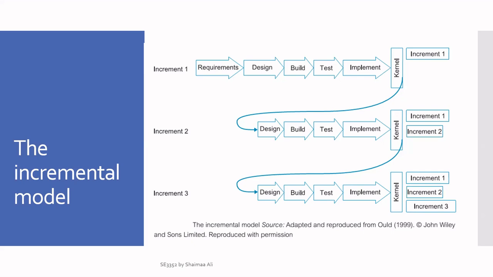Then we use that as feedback to design the new increment, and then we use that as feedback to design the next increment, and so on. Okay, so that's one approach, which was a little bit better, but still not perfect. What do you think is the problem there? What would be the problem here?